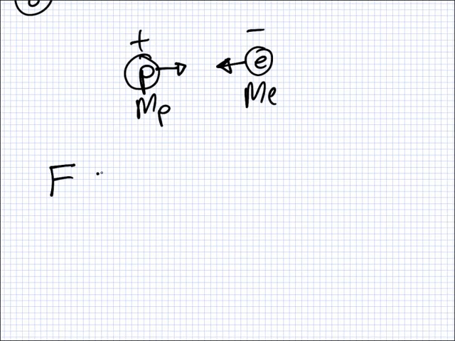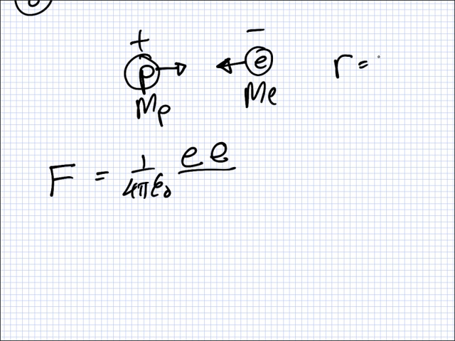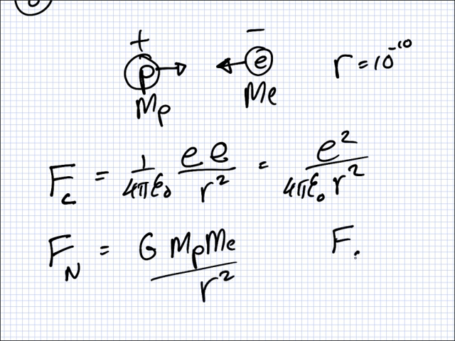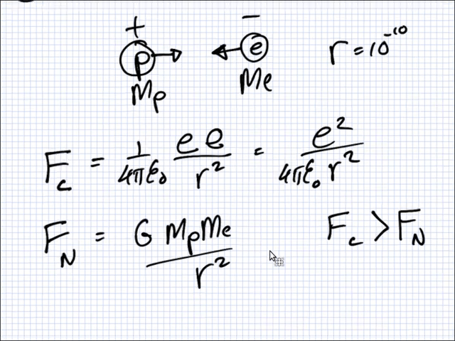The force due to Coulomb's law is 1 over 4 pi epsilon 0 times charge of proton times charge of electron over the distance squared, which is 10 to the minus 10, squared. So that's e squared over 4 pi epsilon 0 r squared. The force due to Newton's law is G, mass of the proton, mass of the electron over r squared. Now, the Coulomb force will be much bigger than the force due to Newton. How many times bigger?